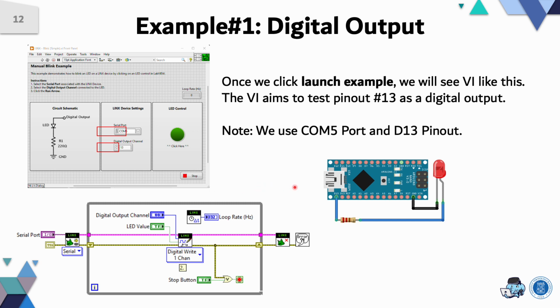Don't forget to prepare your Arduino. Here let's do the simplest one, which is digital output, where the LED is connected to digital pin number 13. There is a resistor to limit the maximum current flowing through the LED.